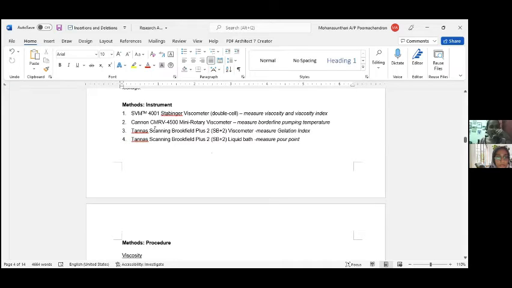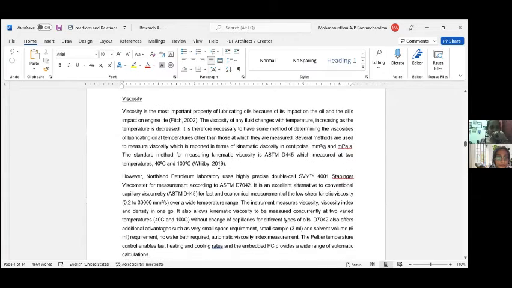We will be using the mini rotary viscometer from Canon to do the specific measurement for borderline, and the scanning Brookfield technique to measure the gelation index. This instrument also has another special equipment to add on to measure the pour point. So we will just use this instrument. Okay.